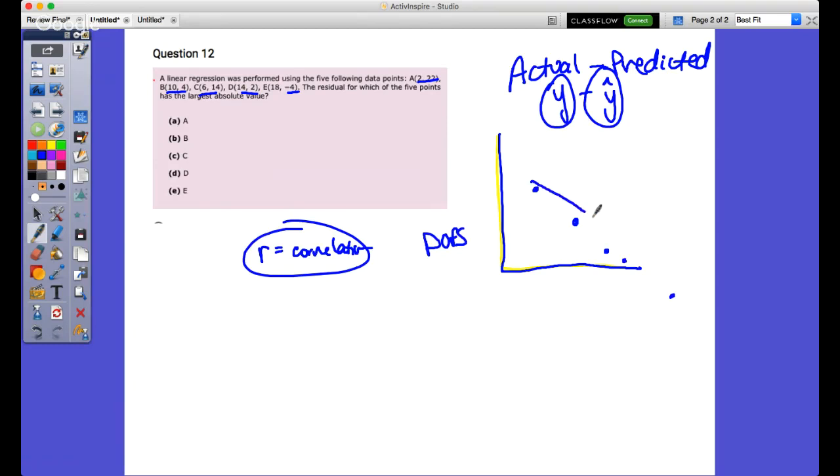I know I'm throwing a lot out there. The residual of a point is the distance between the y, the actual point, and the predicted y hat, the point on the line. So we're trying to find what this residual would be.